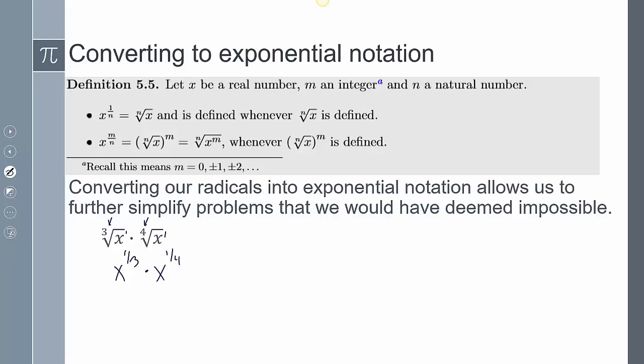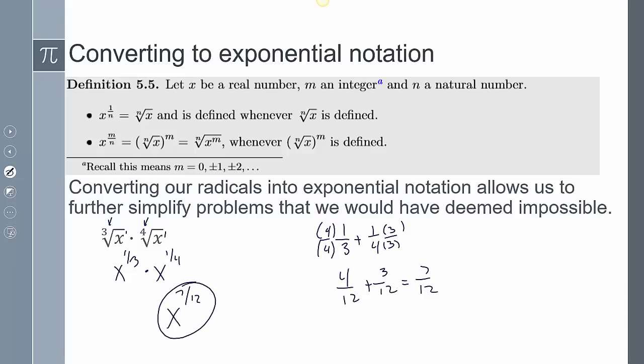Now remember, when they have the same base, you add the powers. So I'm going to add the powers together. 1/3 plus 1/4. Top and bottom is 4. Top and bottom is 3. So you get 4 over 12 plus 3 over 12, which equals 7 over 12. And so this is going to be x to the 7/12. And that's going to be your answer.